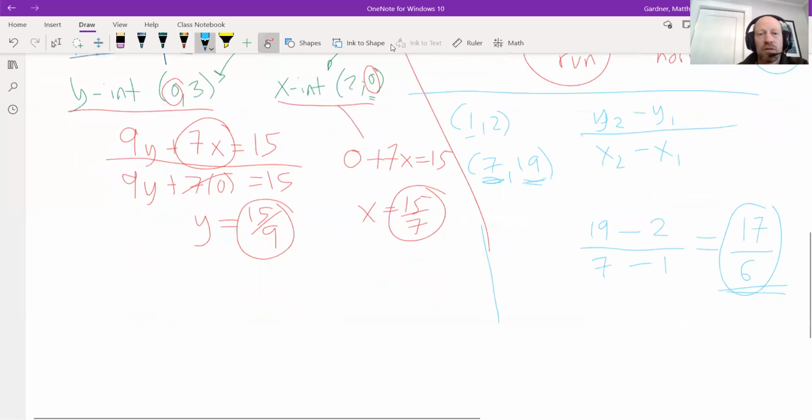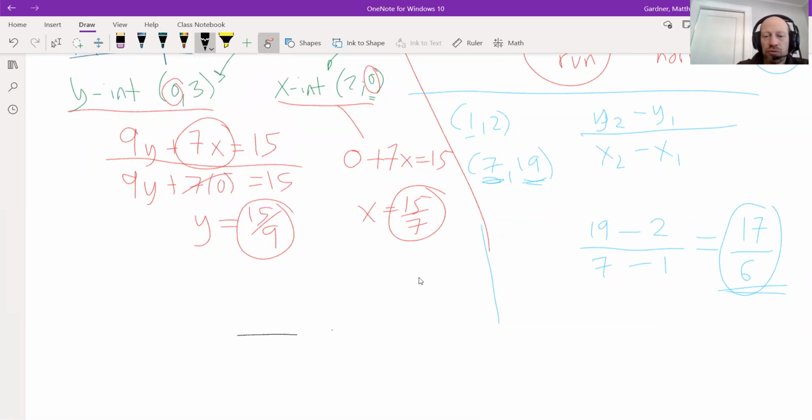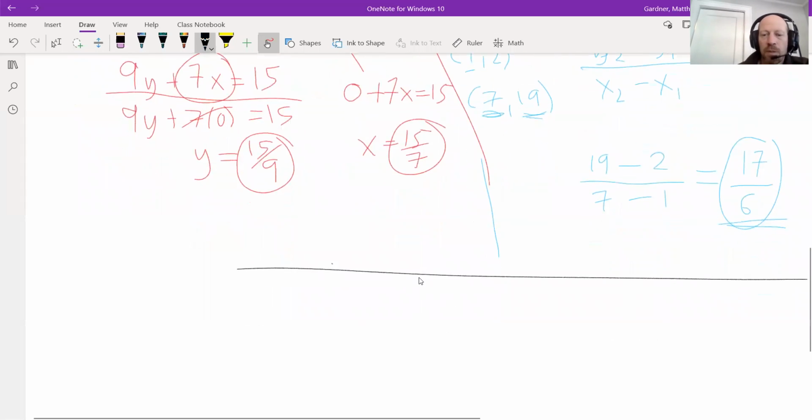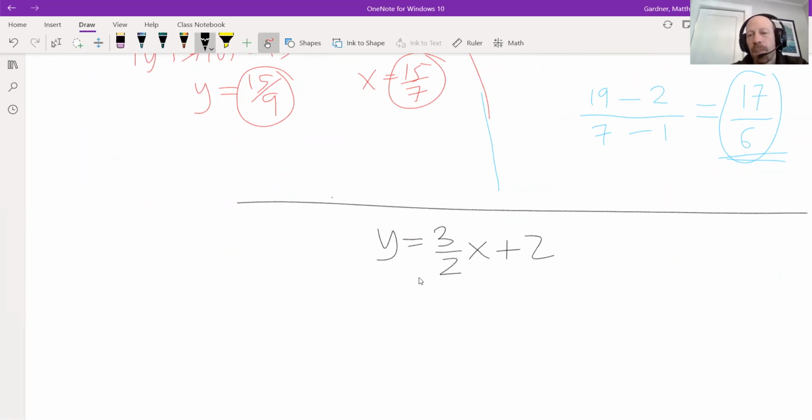So, one last aspect here. What about if I give you y equals 3/2 x plus 2? So this is also a line. Its solutions are falling on a line because it's a linear equation.